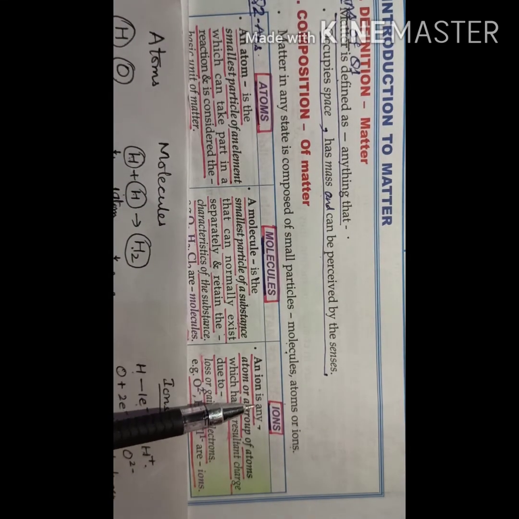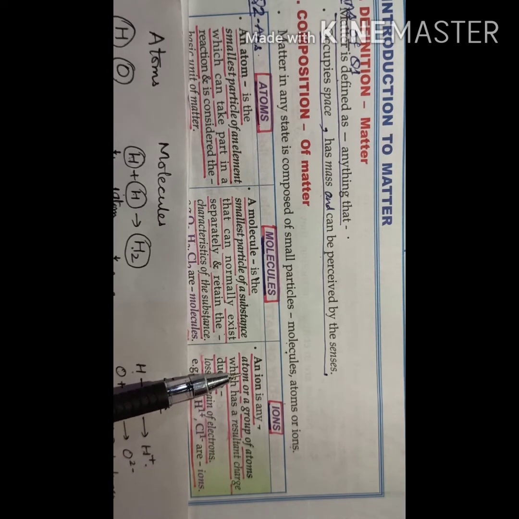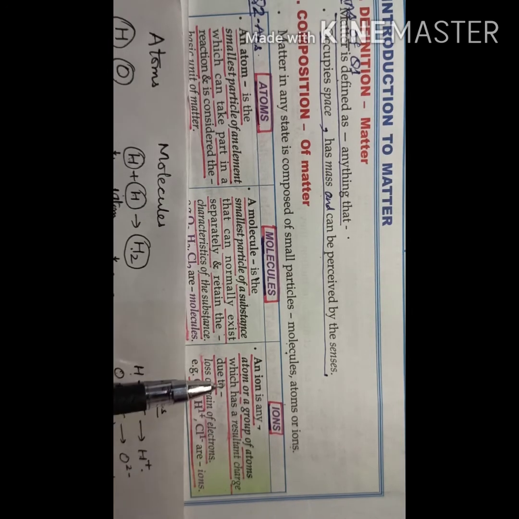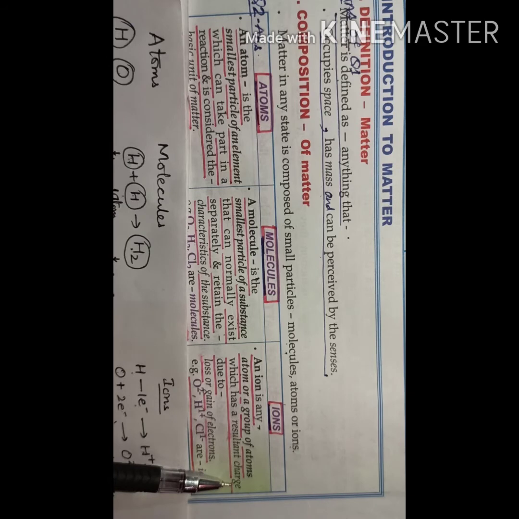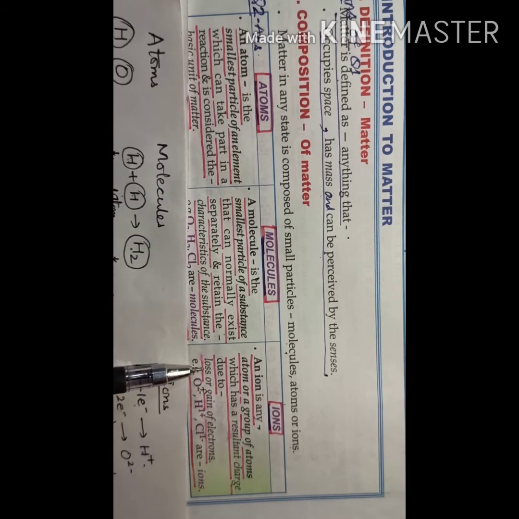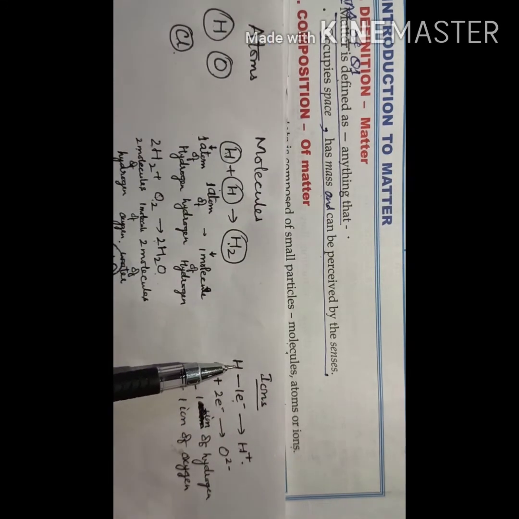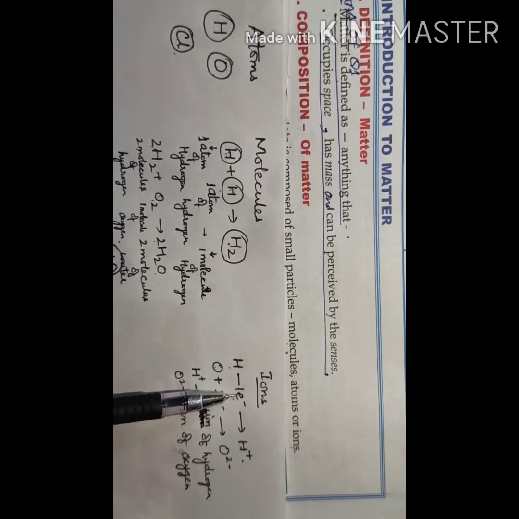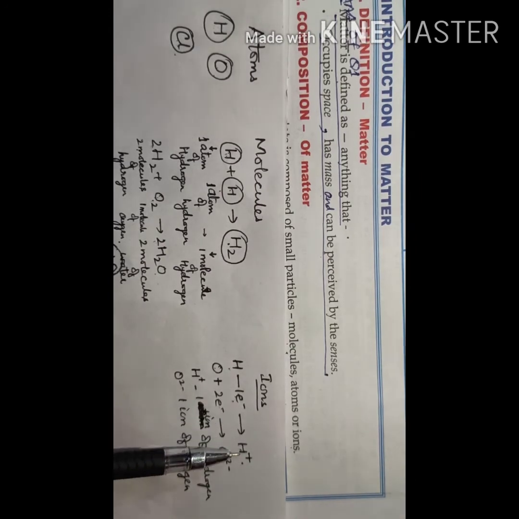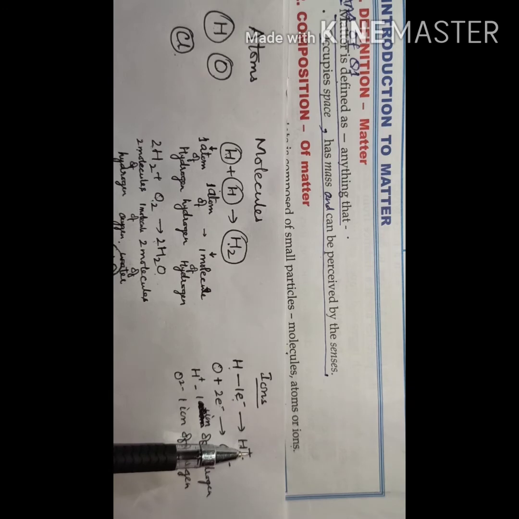Now next is ions. An ion is any atom or group of atoms which has a resultant charge due to loss or gain of electrons. Meaning, when one atom of hydrogen loses one electron, it is converted into an H+ ion.